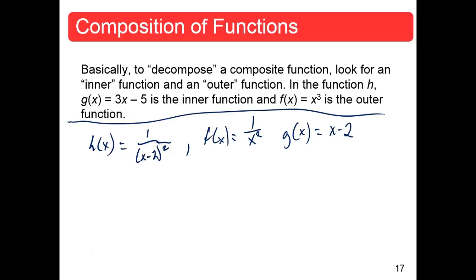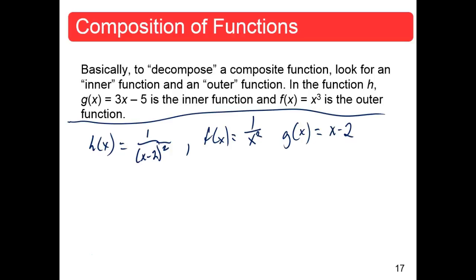You could do it many, many ways. But you always have to have the innermost function be your first, then work your way out. Kind of like peeling an onion in reverse. You start in the inner part and work your way out. All right.